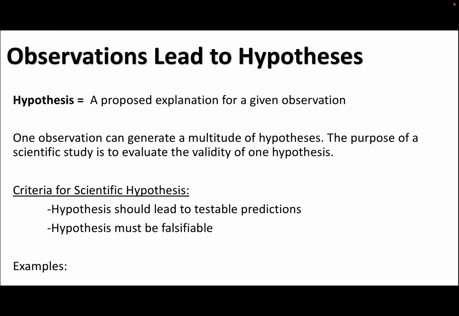And that's really the purpose of the scientific study: to evaluate one hypothesis at a time and determine if it's a valid explanation or not. So let's get an example, and then we'll talk maybe about a little bit of criteria of what a scientific hypothesis can and cannot be.